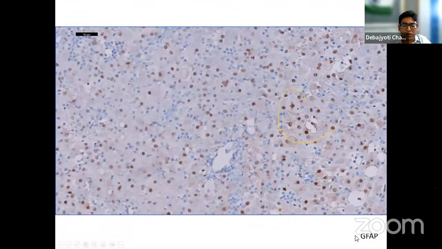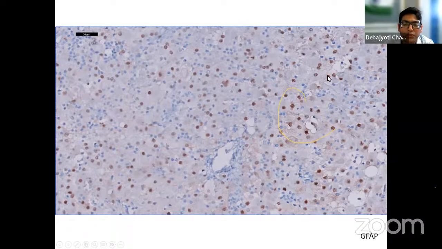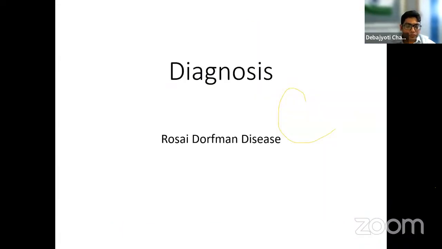Sorry, I'm extremely sorry for this mislabeling here. So this is cyclin D1. You can see all these histiocytes are showing strong nuclear positivity for cyclin D1, and they are also positive for S100. So the diagnosis in this case was Rosai-Dorfman disease.